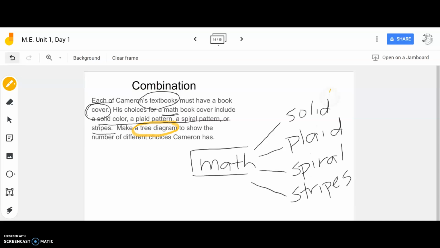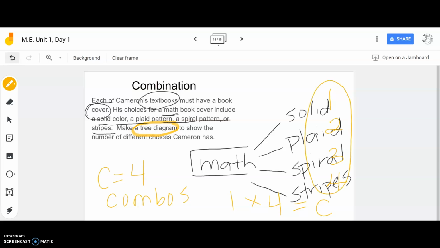And there is 1, 2, 3, 4 combinations. My equation would have looked like 1 times 4 equals C, and C equals 4 combos. And I can see that right here.